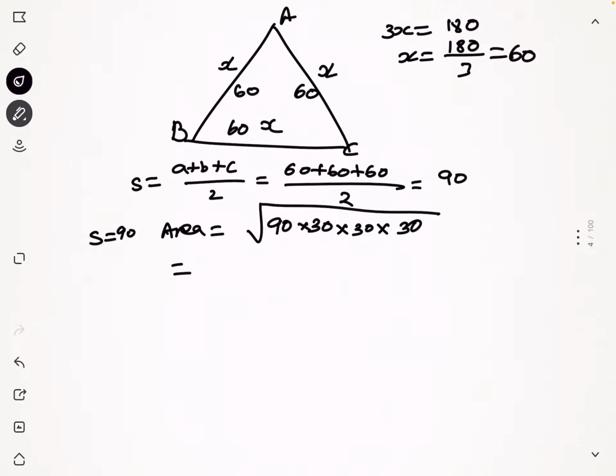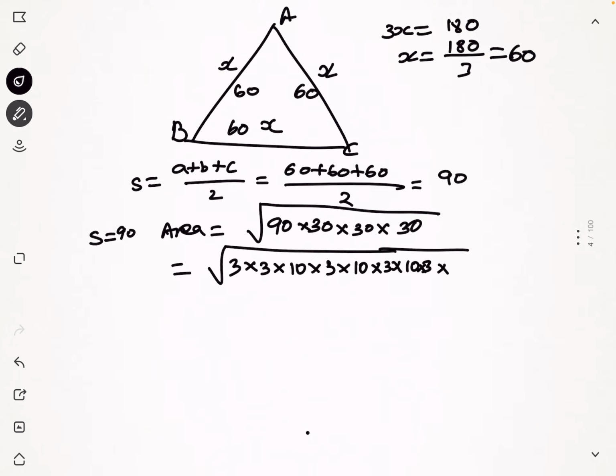And that's going to be square root of, let's split it up, 3 into 3 into 10, and this is going to be 3 into 10, 3 into 10, and one more 3 into 10, right?